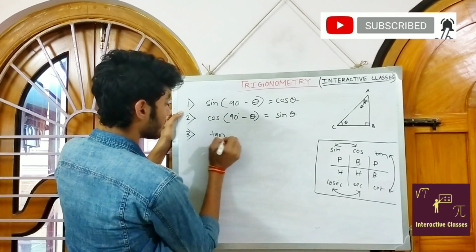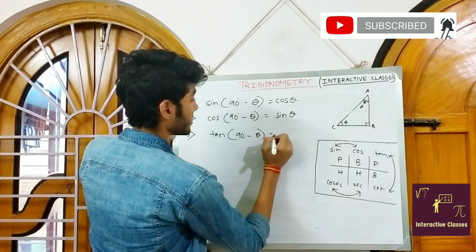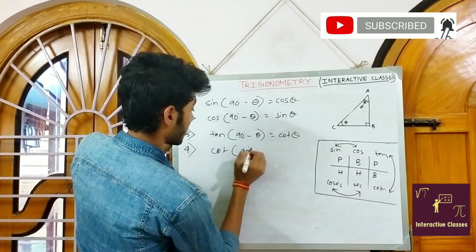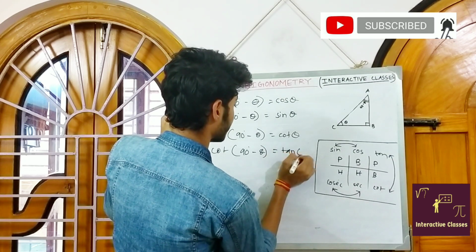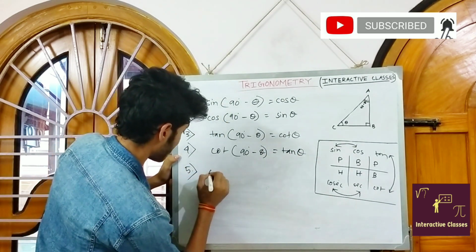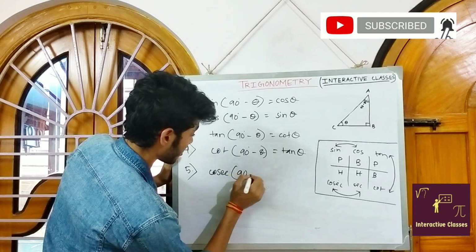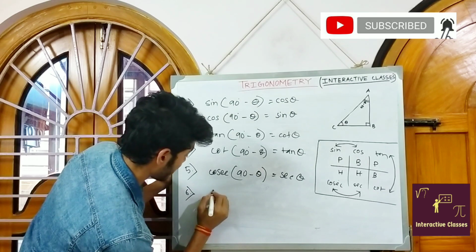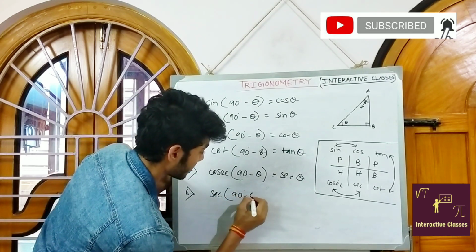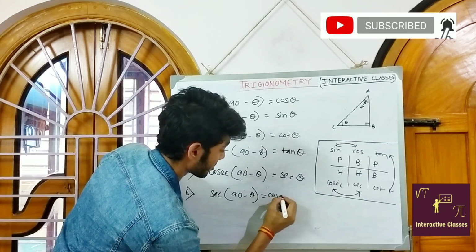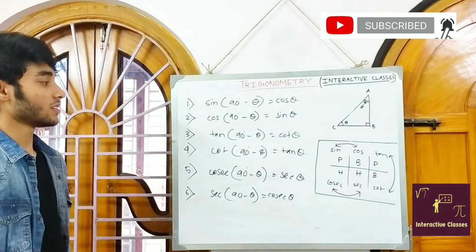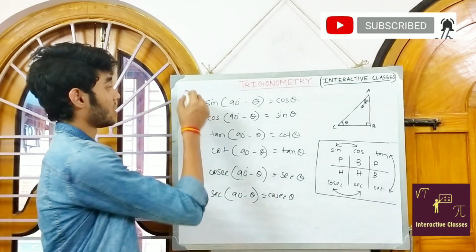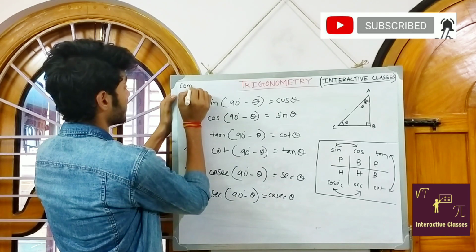Then tan 90 minus theta is cot theta, cot 90 minus theta is tan theta. Cosec 90 minus theta is sec theta, and sec 90 minus theta is cosec theta. These formulas from complementary angles are very easy to understand.